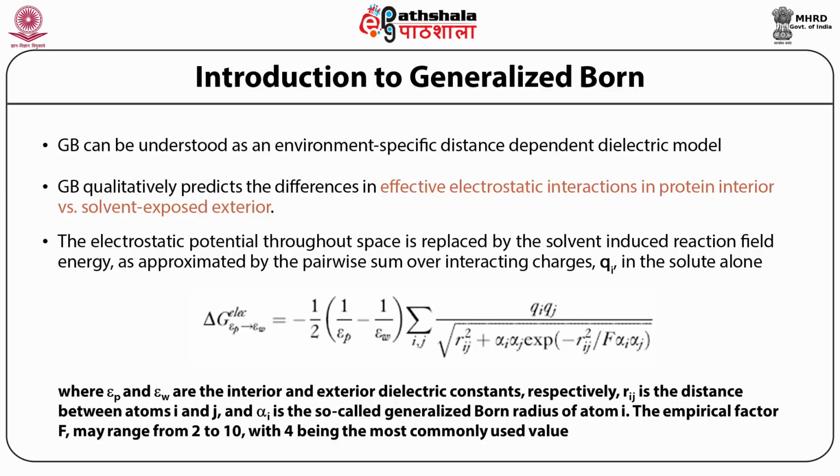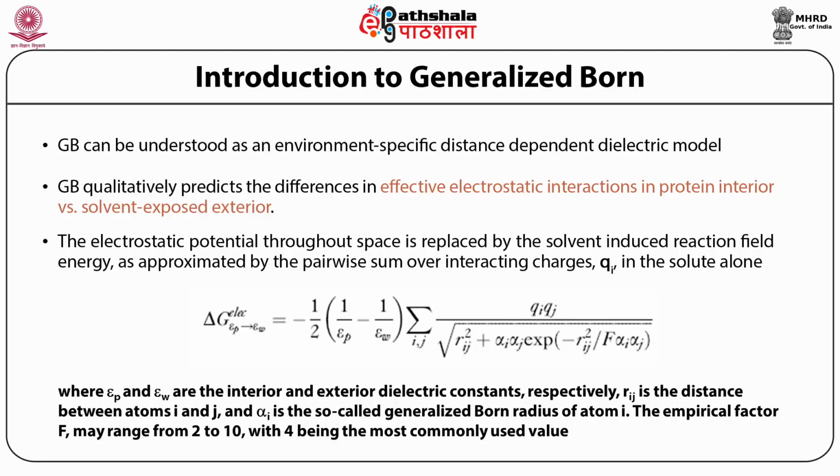In the exterior, it might have a much larger constant, like bulk water interactions, and the interior, because protein interiors are very much shielded, might have a different dielectric constant. So this equation gives you a correctly approximated value of the generalized Born approximation.